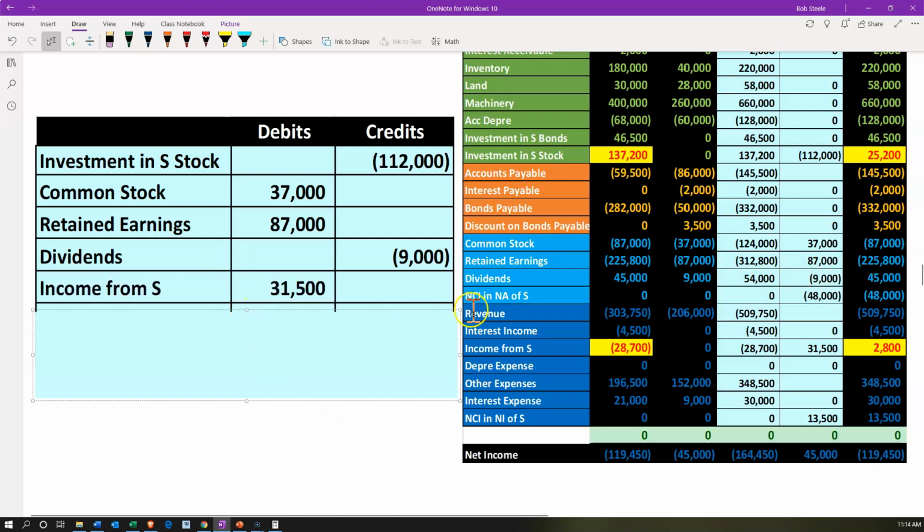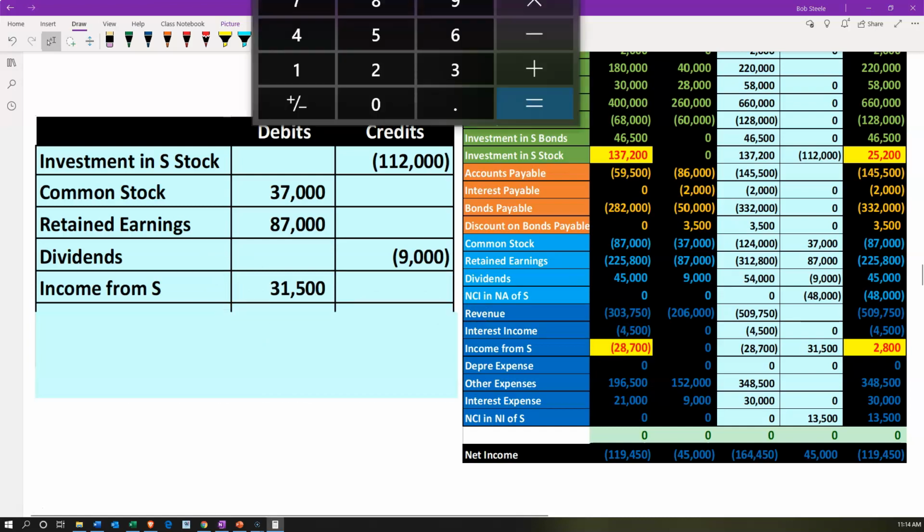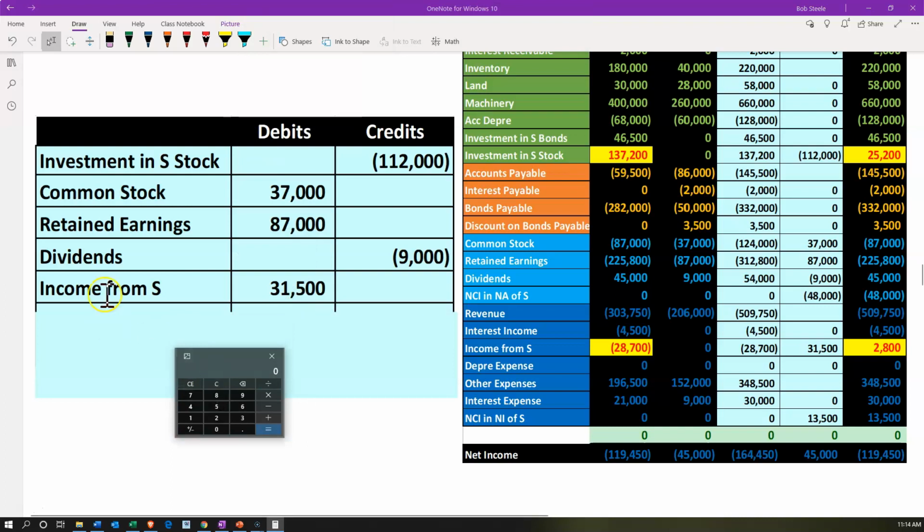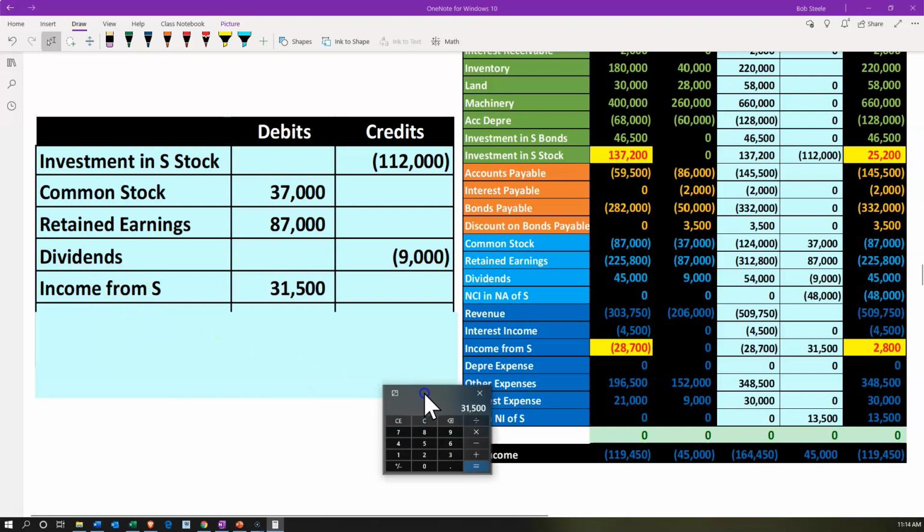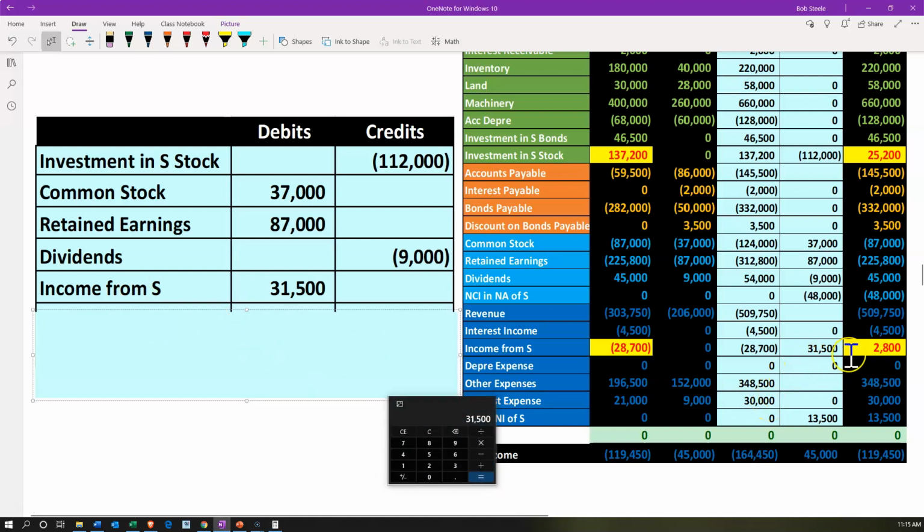Then we have the income from S. So income from S is going to be down below here. What we will do is pull out the trusty calculator. We're going to take the 45,000 times the 0.7, which is the controlling interest portion. That's going to be the 31,500. So there's the 31,500 that will go there. When we post that out, by the way, it doesn't bring it down to 0 yet.